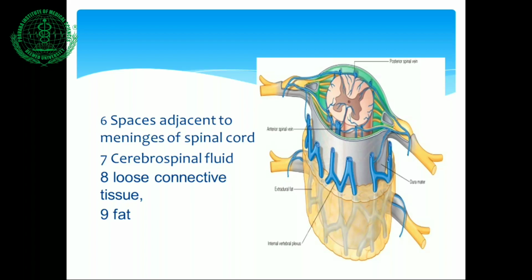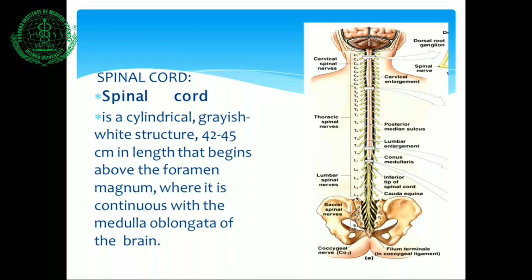So first and most important content of the vertebral canal is the spinal cord. Here you can see this is the spinal cord which passes through the vertebral canal, and on either side of the spinal cord these are paired spinal nerves. The spinal cord is a continuation of the terminal part of the medulla oblongata of the brain.